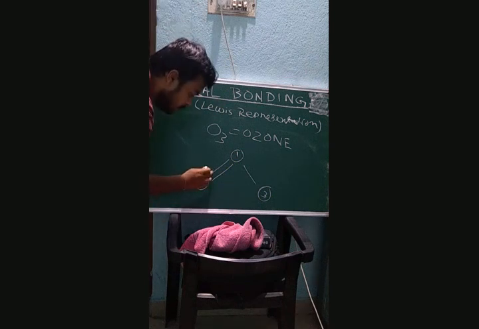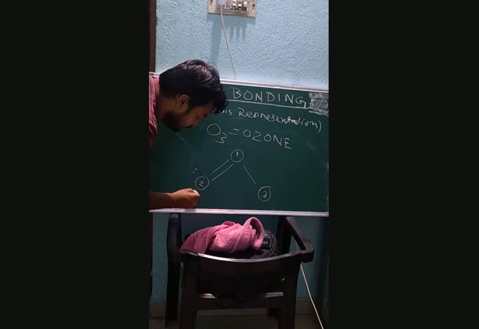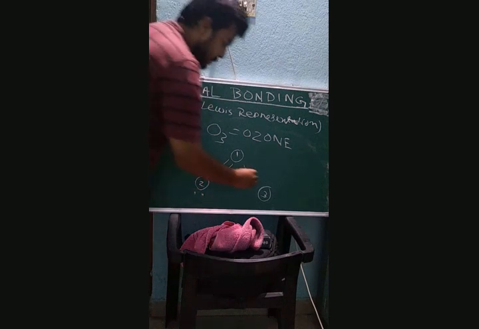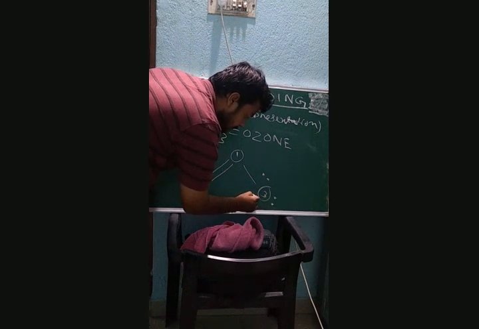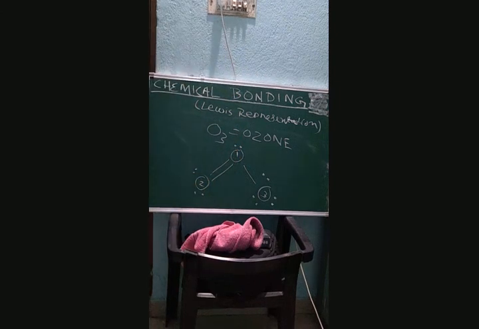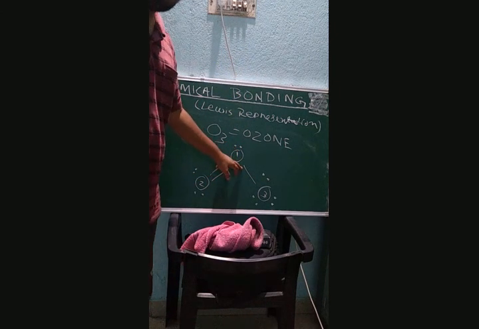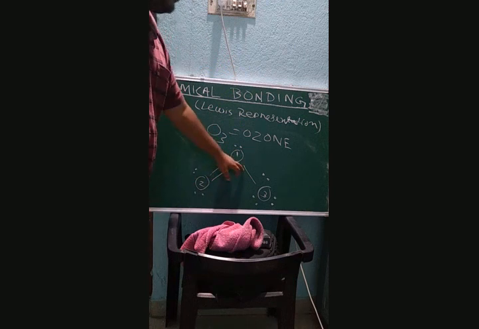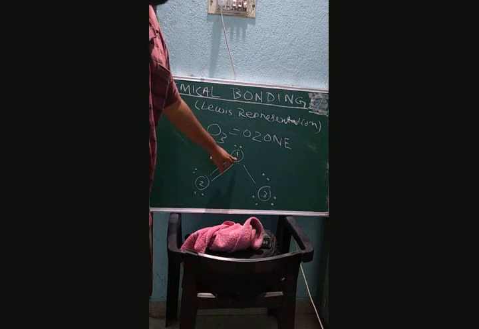So there are 1, 2, 3, 4, 5, 6. So this oxygen atom has 3 bonds, 1, 2, 3. So there are 6 electrons plus 2, 8 electrons. The octet of this oxygen atom is complete.